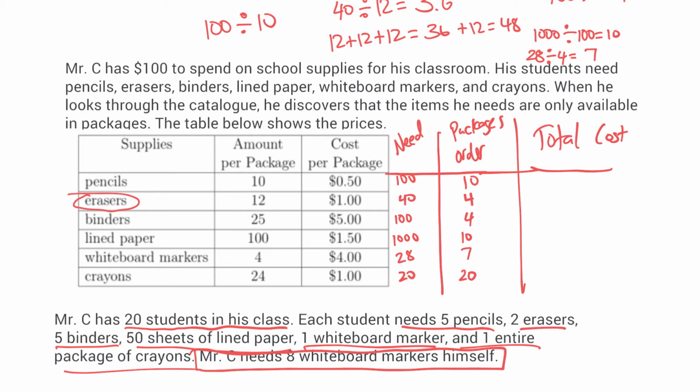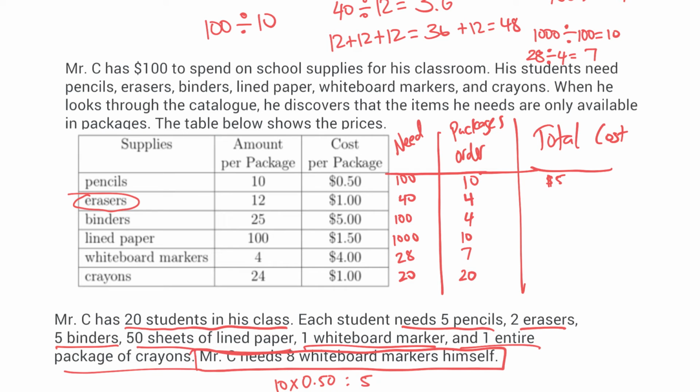And now to get the total cost of these items, we need to do some multiplication. So if we need 10 packages of pencils and they're 50 cents each, 10 times 0.50 is $5. And we need 4 packages of erasers.